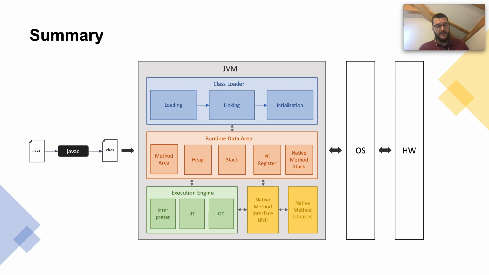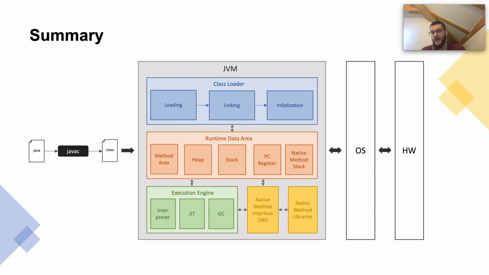So this is basically it. To summarize everything, we talked about the class loader and how class files are loaded, linked and initialized. Then we covered the runtime data area, where we saw how the JVM divides and manages its memory.